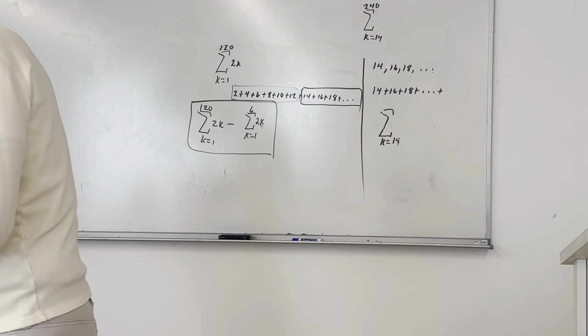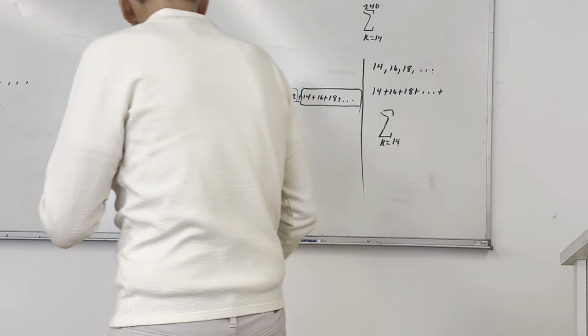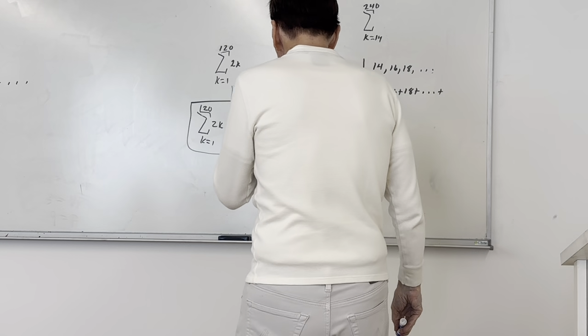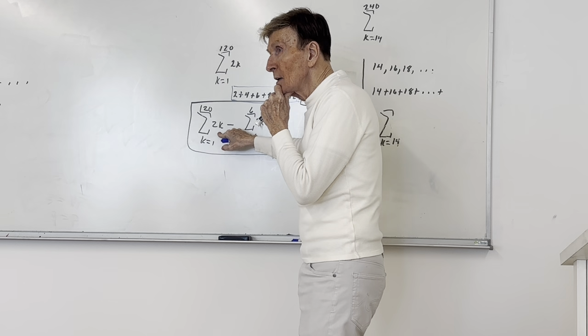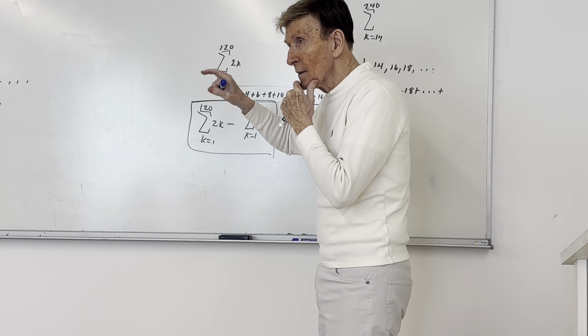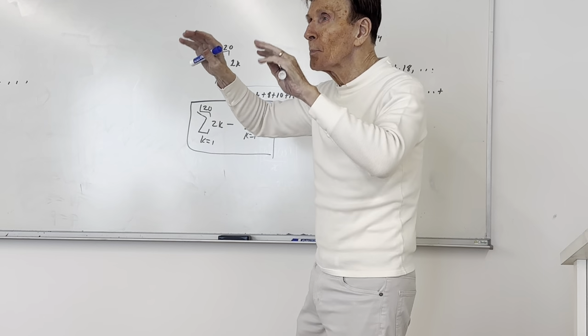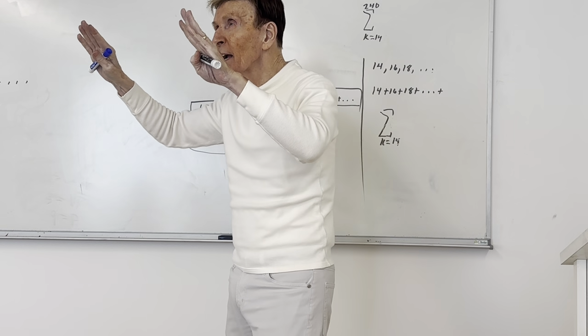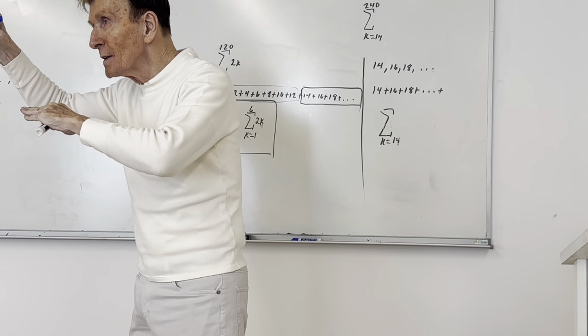Can't we just do like 2K plus 12, or K equals 12? Oh, you mean right here? Yeah, just instead of doing the sum. I heard 2K plus 12. Hang on, and then go from 1 up to what?